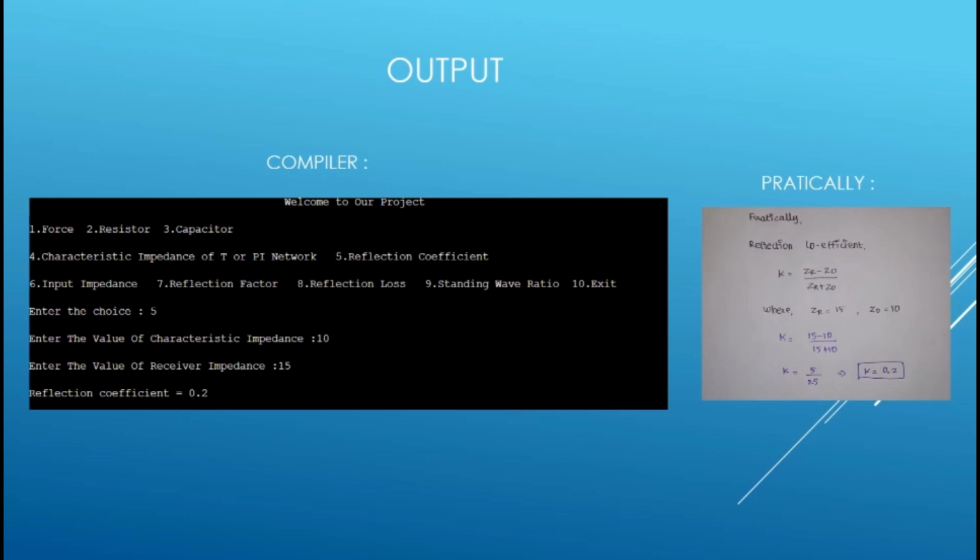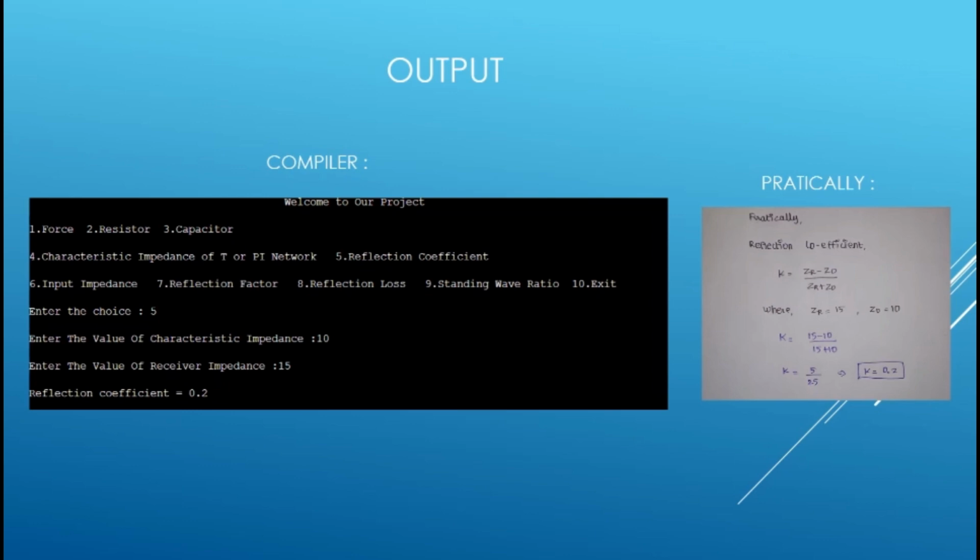Once we enter the characteristic impedance 10 and receiver impedance 15, it will produce the reflection coefficient equal to 0.2. Practically also we prove it. The reflection coefficient formula is k equal to zr minus z0 divided by zr plus z0, where zr equal to 15 and z0 equal to 10. Applying the values, k equal to 15 minus 10 divided by 15 plus 10, k equal to 5 divided by 25.